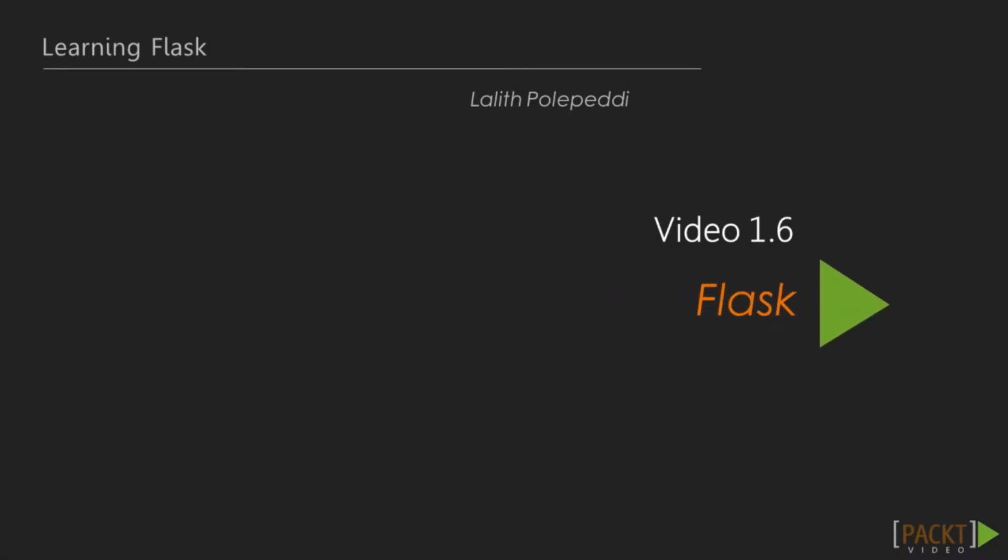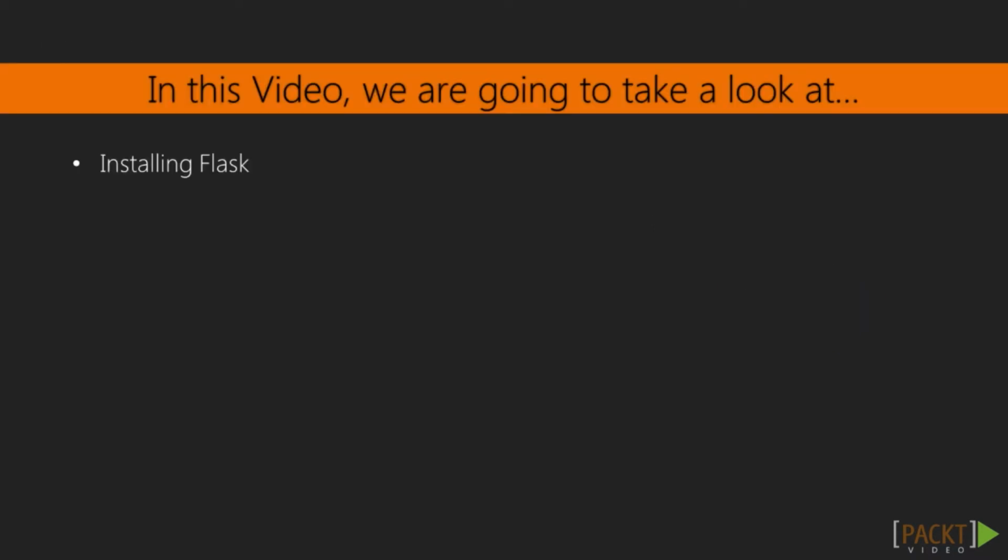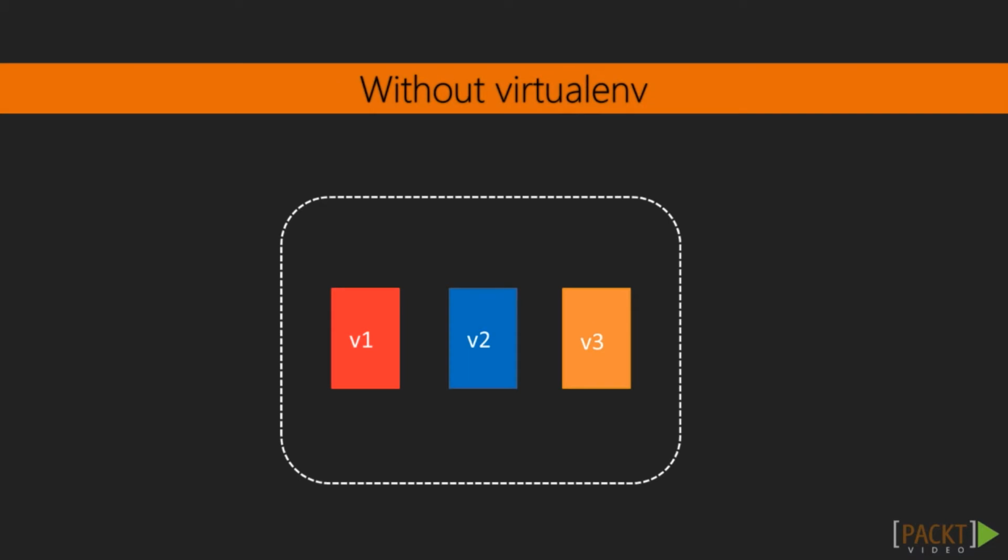Welcome back to Learning Flask. In the last video, we installed a database. In this video, we'll install Flask. We'll use virtualenv to install Flask. Virtualenv is a tool that creates isolated Python development environments on your computer. So why is this useful? Say you see a Python library that you want to try out. If you install this library system-wide, you run the risk of messing up other libraries you've installed.